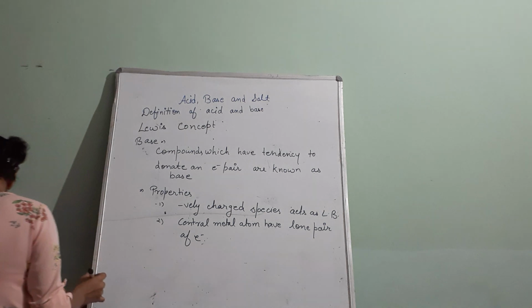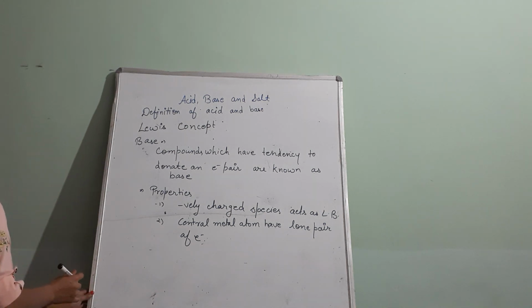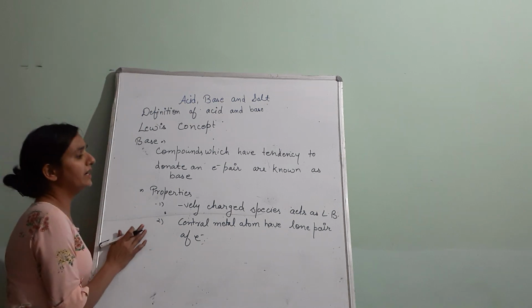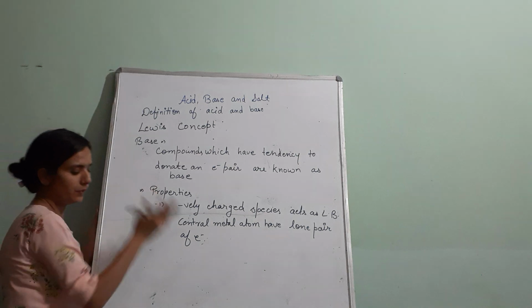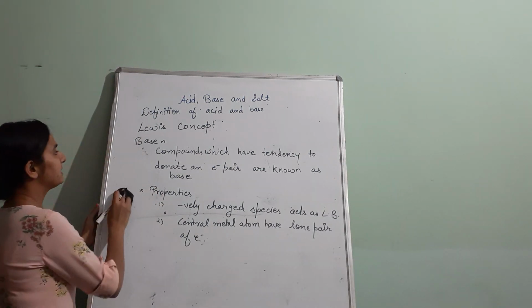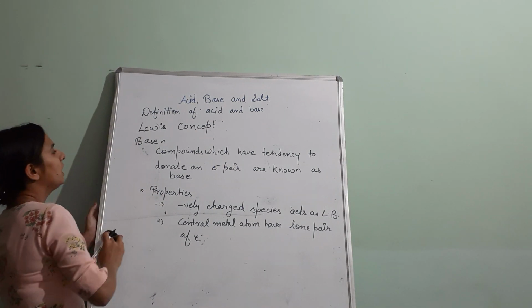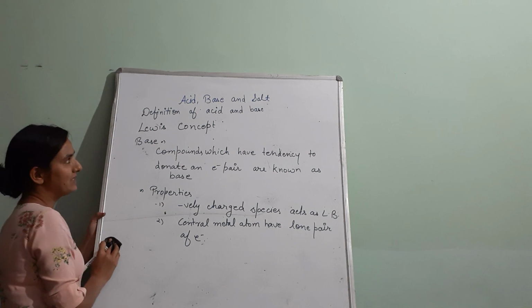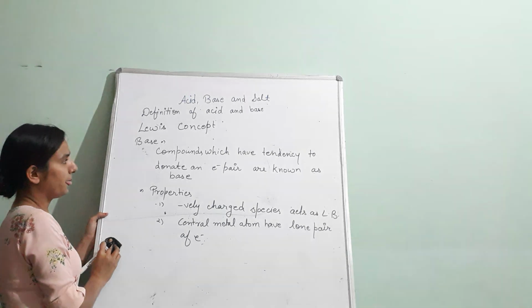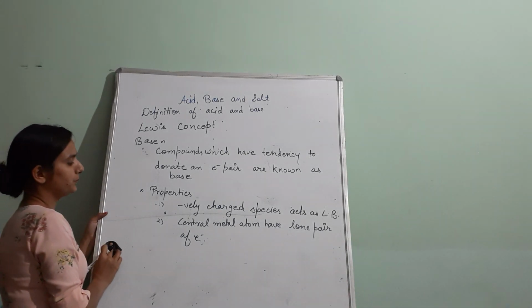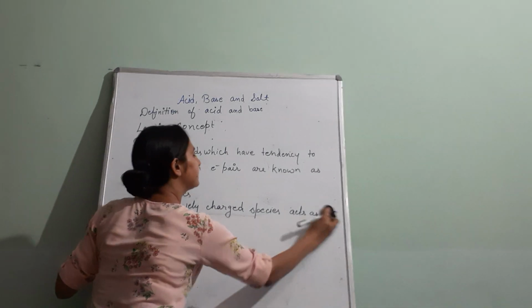Either the compound is negatively charged or the compound has a lone pair of electrons. These are the two conditions for any substance to act as base. Now let's discuss a few examples according to the classical concept, which substance acts as acid or base.